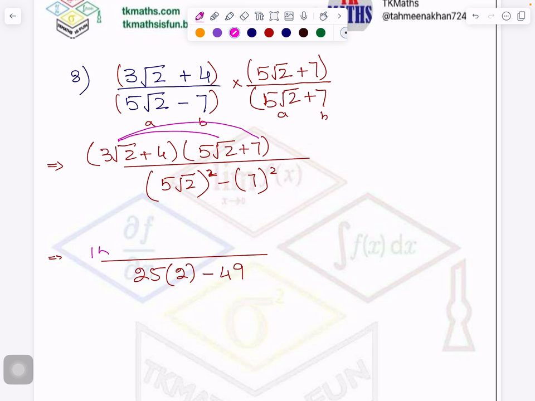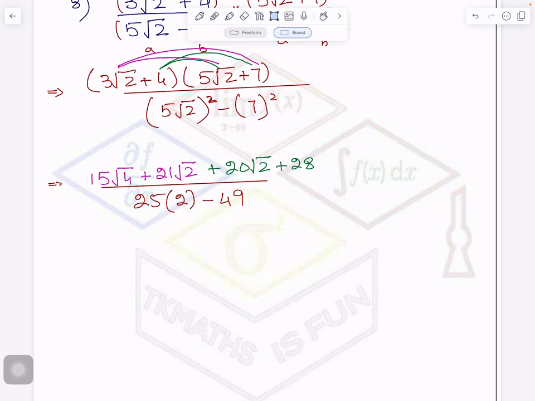5 3s are 15, 2 2s are 4, and 7 3s are 21 root 2. Let me change the color. Then 4 will multiply by this term and then by this. 4 5s are 20 root 2. 7 4s are 28. Okay. Now, so now if I see this term and this term has root 2, so I will keep it as an addition case.